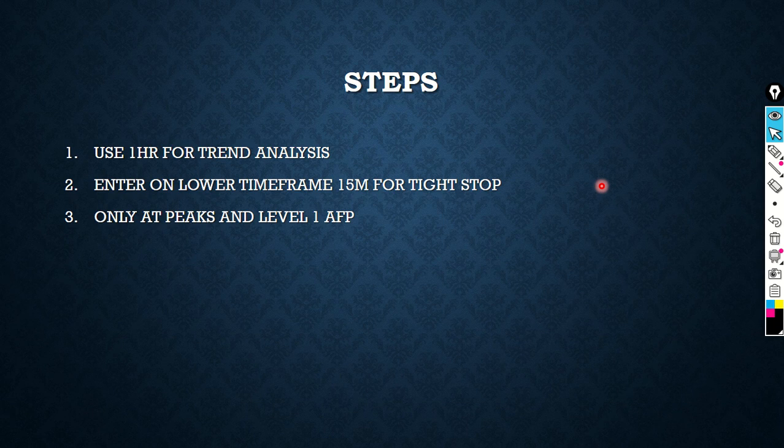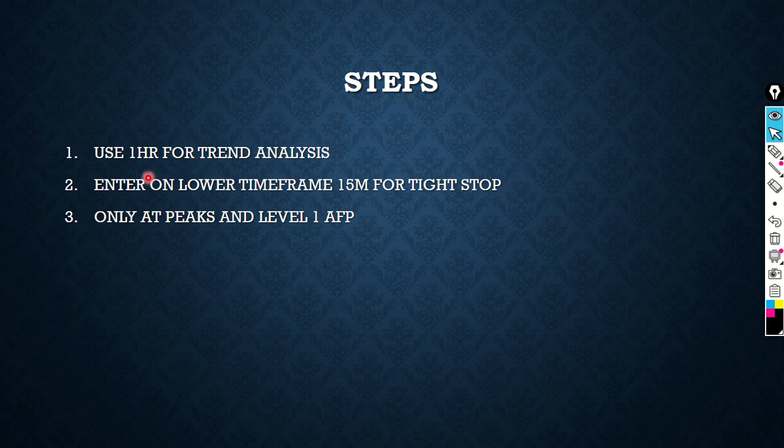The steps for you to do swing trading: the first thing that you need to do is use the 1 hour for trend analysis. So you have to see the 1 hour trend on the 1 hour chart. We are swing trading from the 1 hour. You have to identify your peaks and level 1 peaks, which are safety trades.